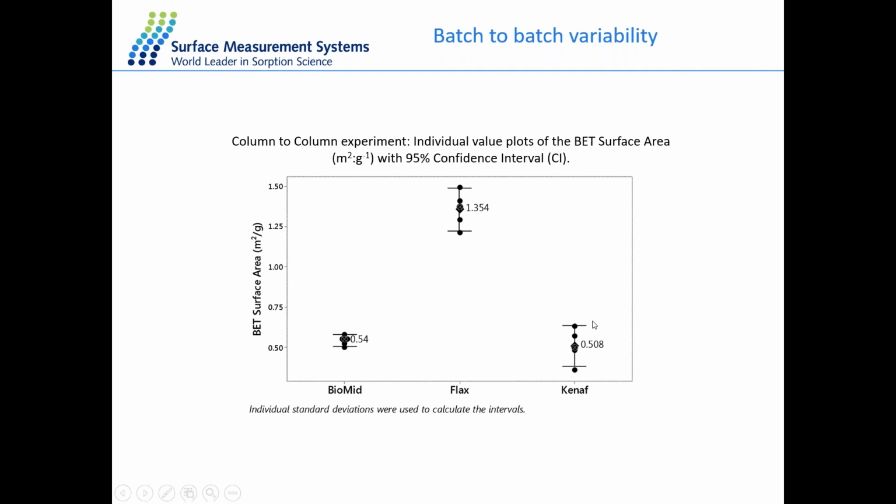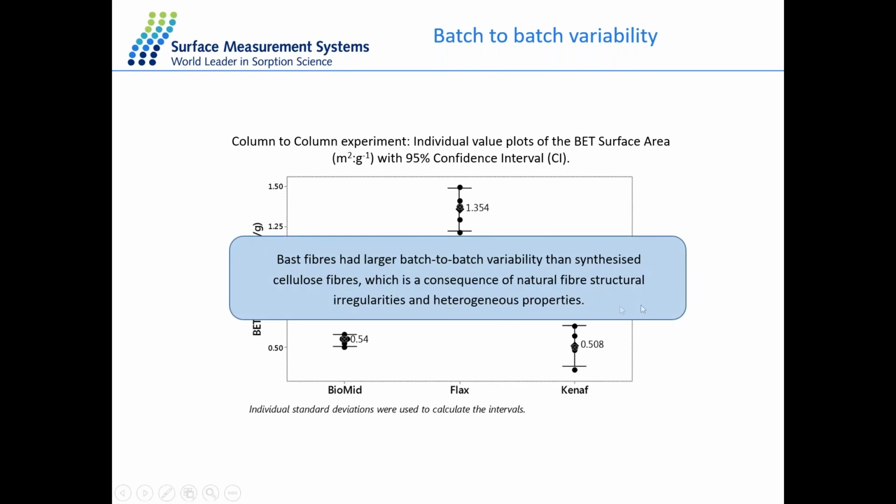With these two different natural fibers, because they are natural fibers, we do have a level of heterogeneity and irregularities on the surface of the sample. And again, these irregularities and heterogeneity are due to the fact they are natural fibers. And this is what we can see with our batch-to-batch and column-to-column experiments.